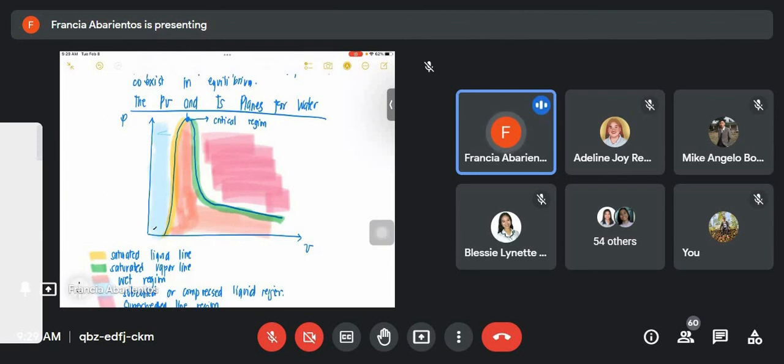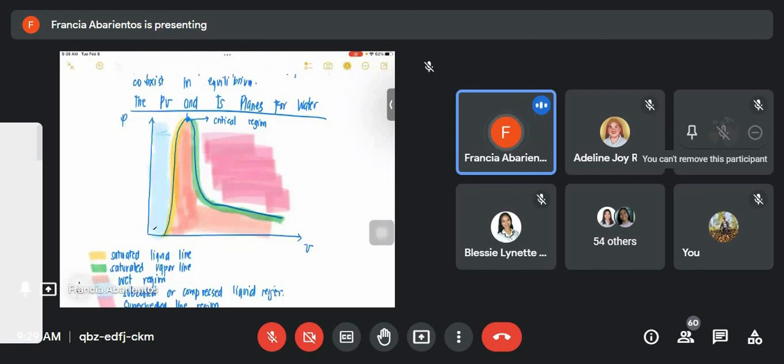And within that diagram, or sa loob niyan, is called the wet region, wherein dyan mo mahanap si quality natin, and the quality and the percent moisture.